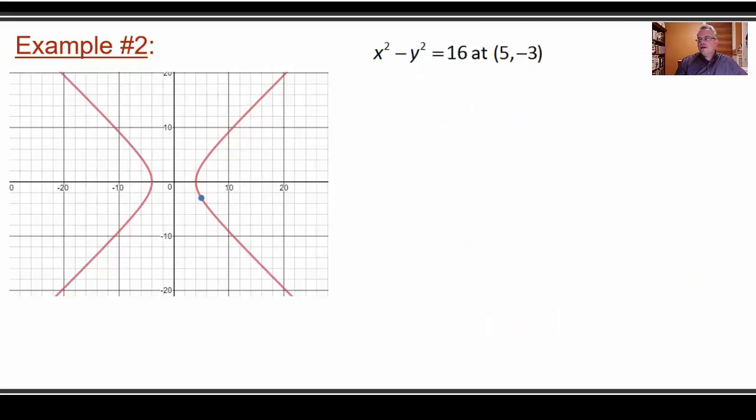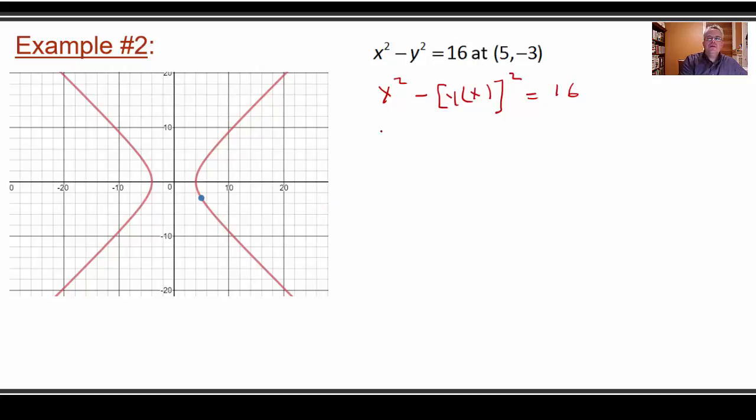The curves defined by implicit functions are kind of cool. This is a hyperbola here, and we want to find the derivative at the blue point. Okay, so let me rewrite it, kind of what I was doing last time. At first, sometimes it's helpful for students to write it like this. So that's what we really have here. We have x squared minus y, which is a function of x, squared, equals 16.